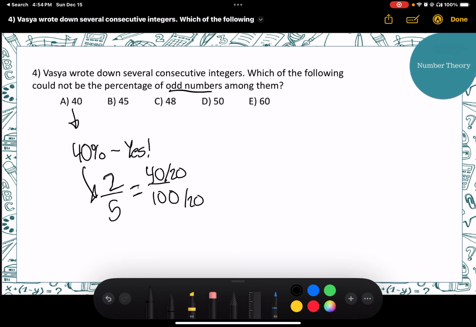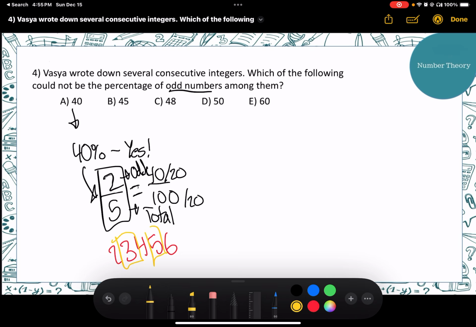So how do we know? Let's write 5 numbers. The top number is the total number of odd, and this is the total number of numbers, so it's odd out of total, right? If I start with 2, 3, 4, 5, 6, then 3 and 5 are odd.